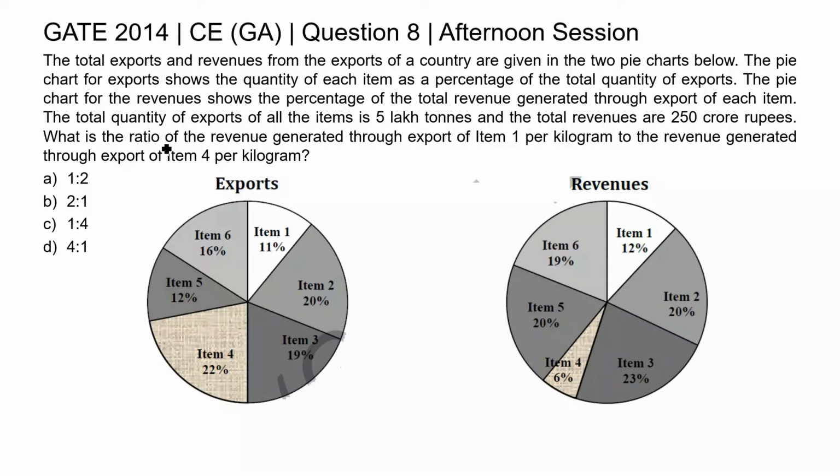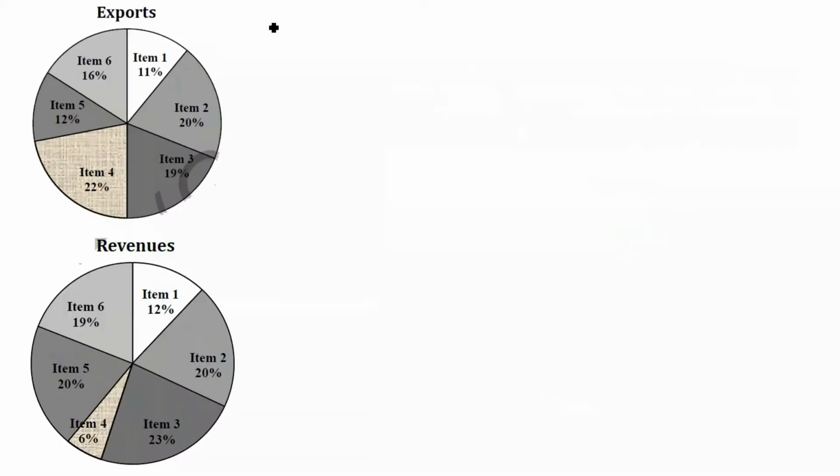Now we need to find the ratio of the revenue generated through export of item 1 per kilogram to the revenue generated through export of item 4 per kilogram. So we need to find the export and revenue for item 1 and item 4, then we can find the ratio.